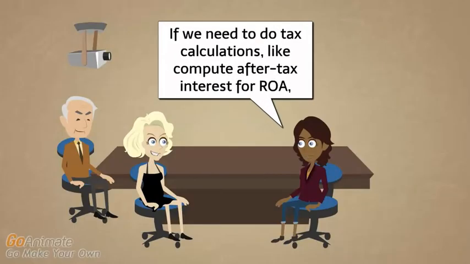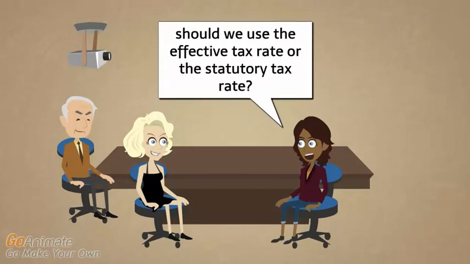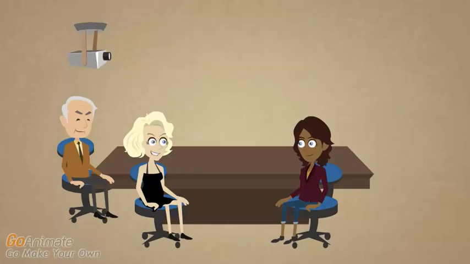If we need to do tax calculations, like compute after-tax interest for ROA, should we use the effective tax rate or the statutory tax rate? Don't use the effective rate for tax calculations. This is a thing that I think a lot of people do, and I totally think it's wrong, because this effective rate reflects the impact of the municipal bond interest revenue.